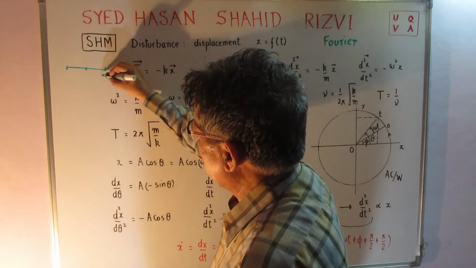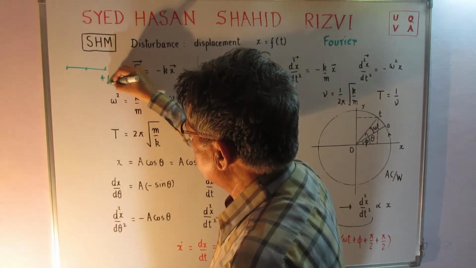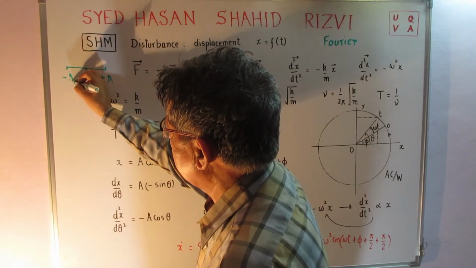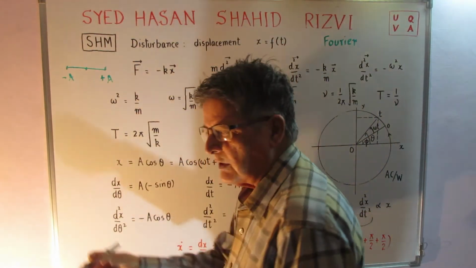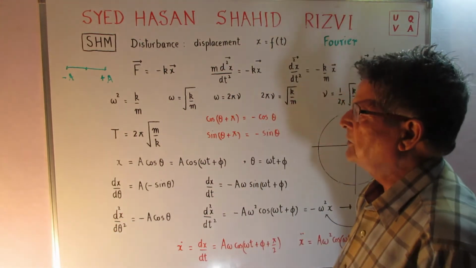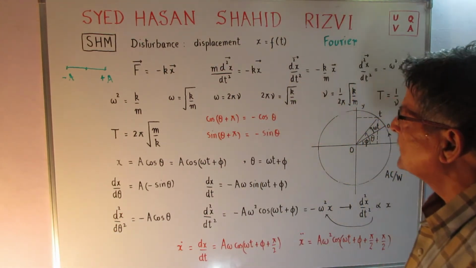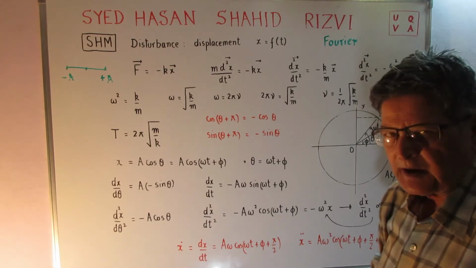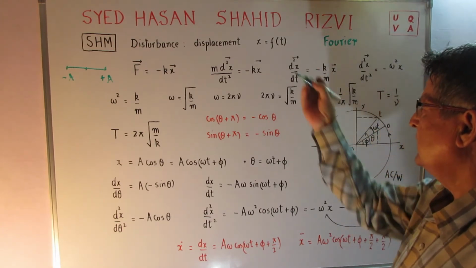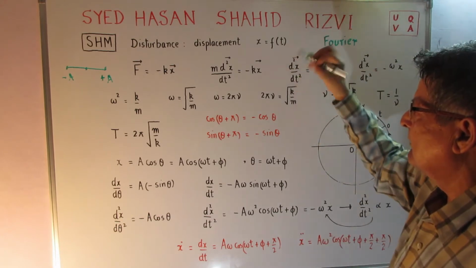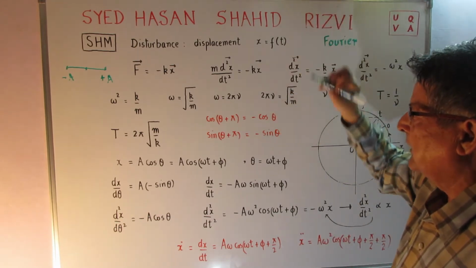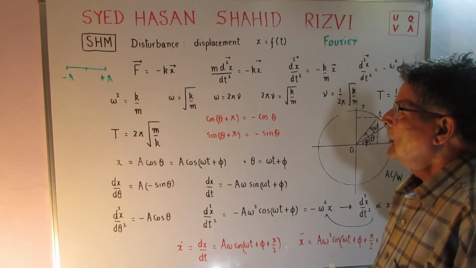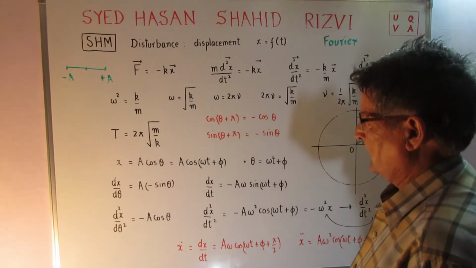On this side the amplitude is plus A, and on this side it is minus A, this is the maximum disturbance that is there. So anyway, the displacement x, we are taking in direction x, we could take y, we could take z, we could take a general r, no problem. That is a function of time t.